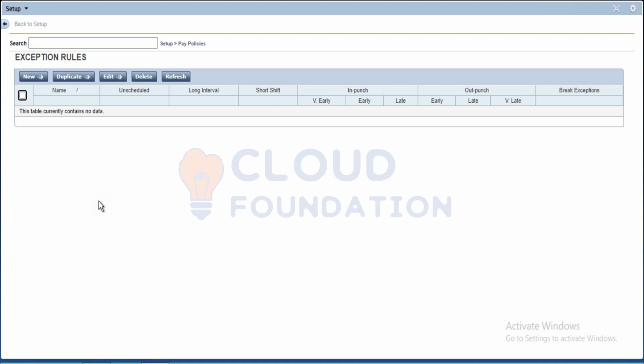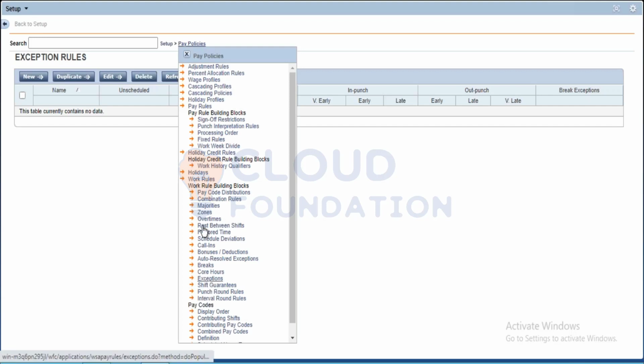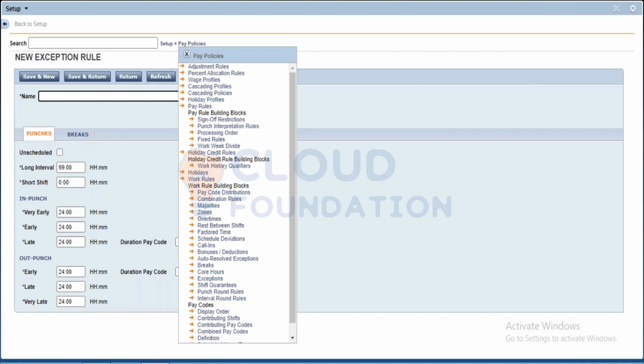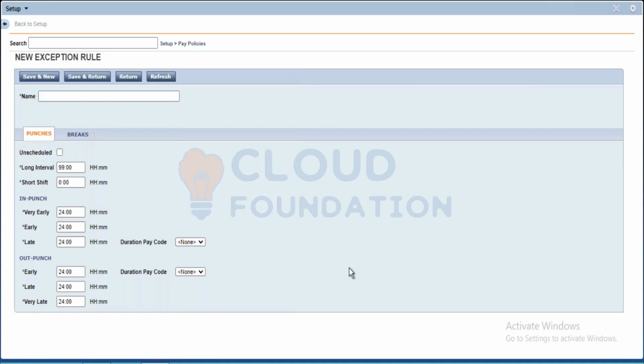Okay. So the next thing in the work rule building blocks is exceptions. What exceptions do is create some colors or flags in the time cards, reports, etc., to see if my normal shift has deviated.